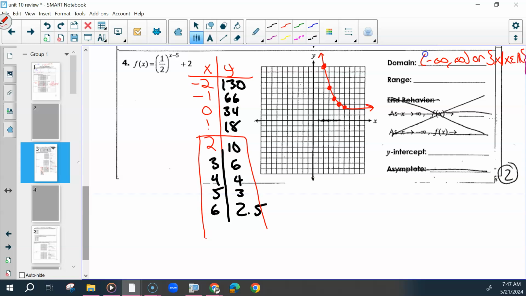The range is going to start at where it gets closer and closer to, so 2. And then it keeps going up to positive infinity. And then that would just be greater than 2, not equal to, because it doesn't actually touch 2. The calculator is deceiving.